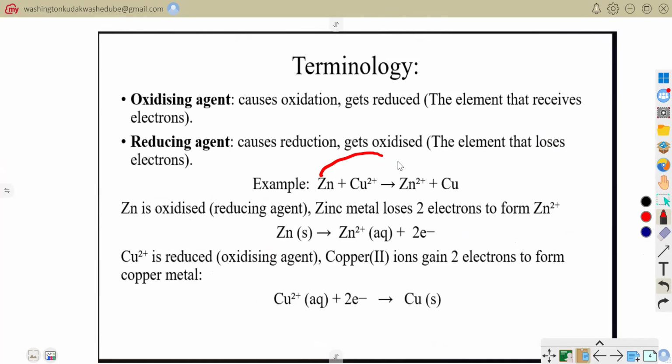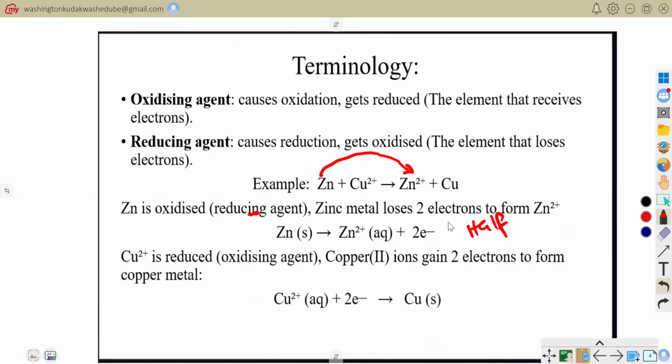The oxidation state is increasing, so it becomes the reducing agent. Zinc metal will lose electrons, so it loses what? 2 electrons. If we write this as an equation, we call this a half reaction. According to this half reaction, zinc is losing 2 electrons.